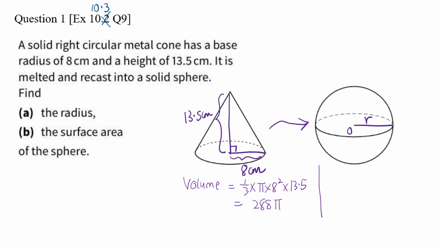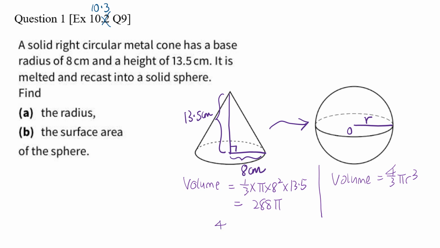Then the volume of your sphere will just be 4/3 pi r cubed, because we don't know the radius. We're going to equate these two volumes, because the volume is the same, just that the shape is different, the surface area is different, but the volume remains the same.